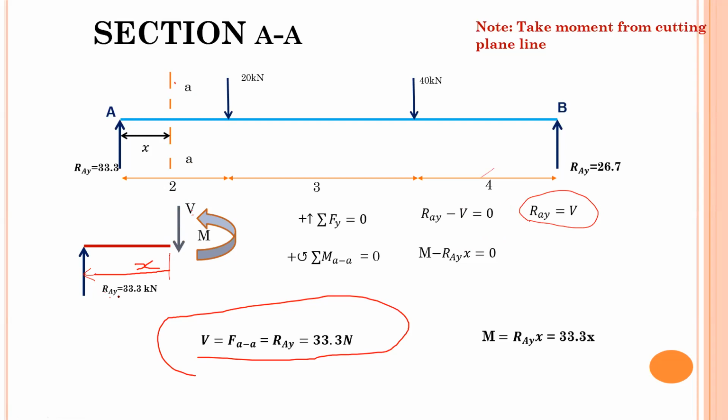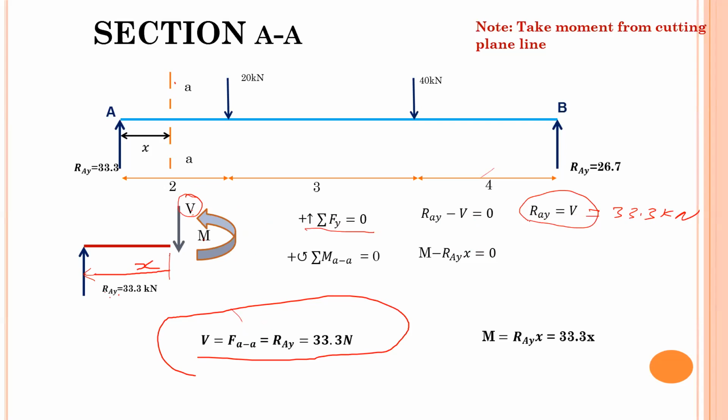You resolve these two using your sum of y equal to 0 equilibrium equation, RAY minus V equals 0. Because this is the representation of shear force, that V. Remember, it's a force. One going up, one coming down. Resolve it using this expression. So you get RAY equals that. And you know this is equal to 33.3. Now that is a force, so it's kilonewtons. All right. So therefore, you get your shear force as that.